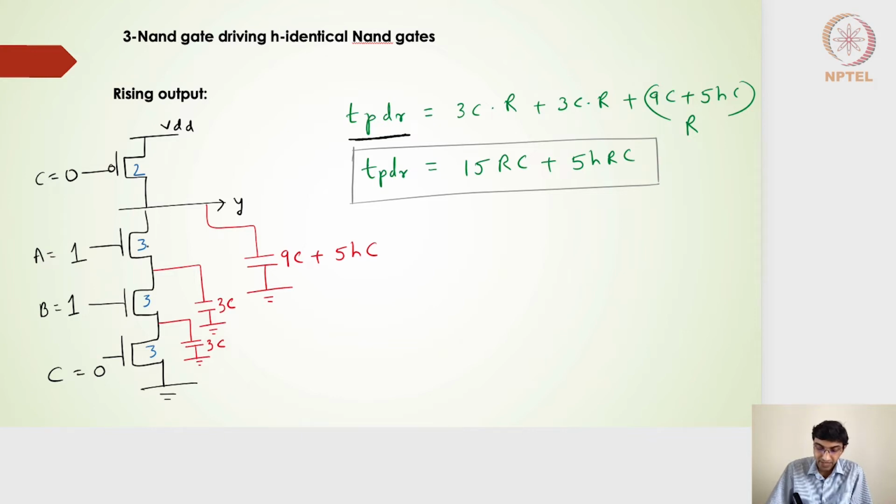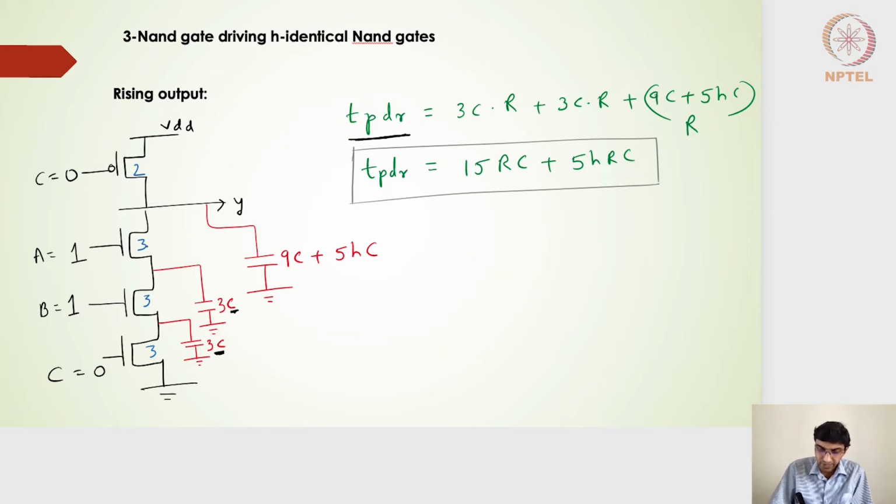On top of that, on the pull-down side, the two transistors away from the ground, A and B, because C is closer to the ground rail, are on. So in the worst case I will have this 3C capacitance and this 3C capacitance also to be considered in our delay estimation, thereby increasing our delay and giving the worst case delay.